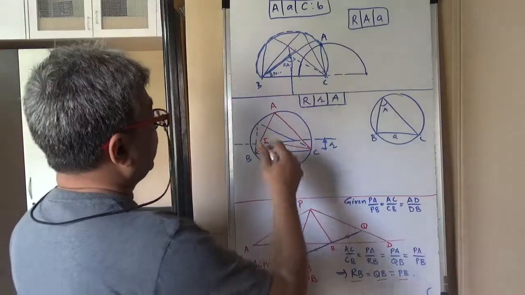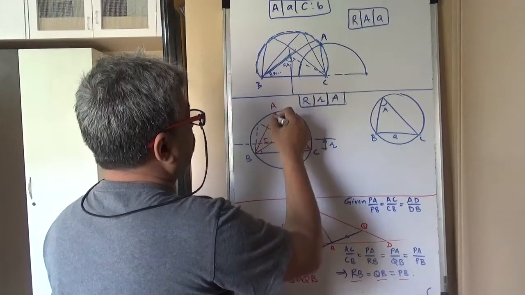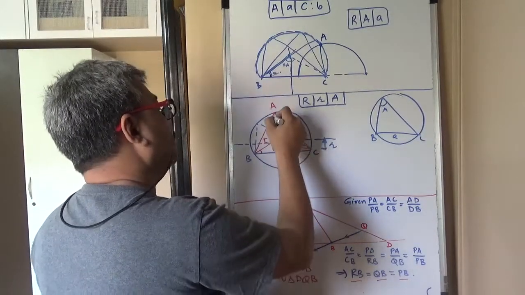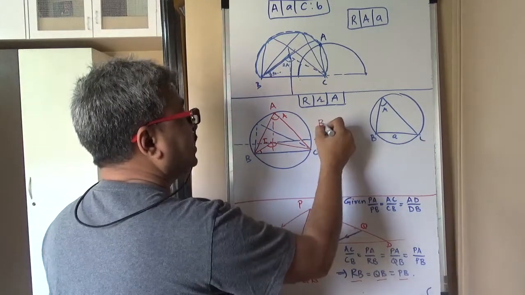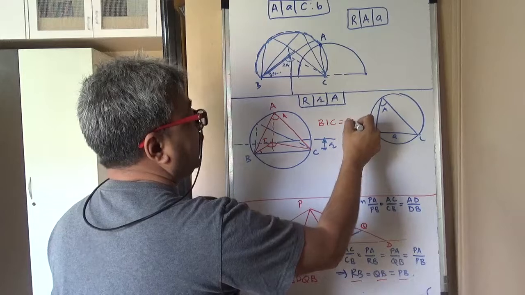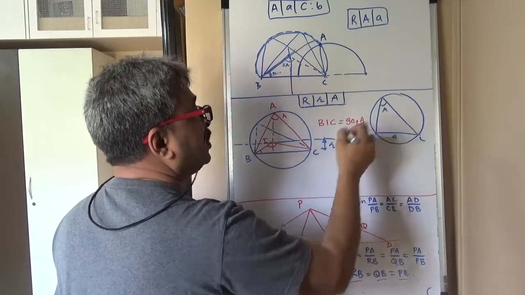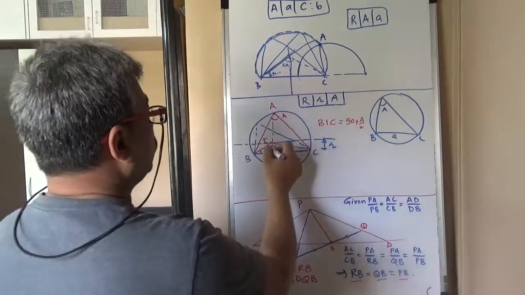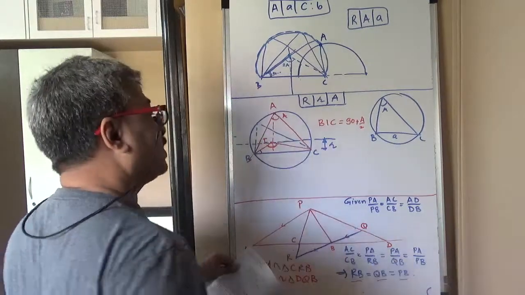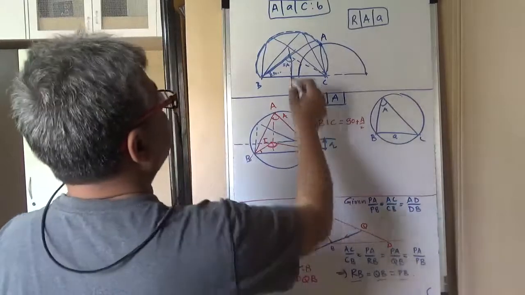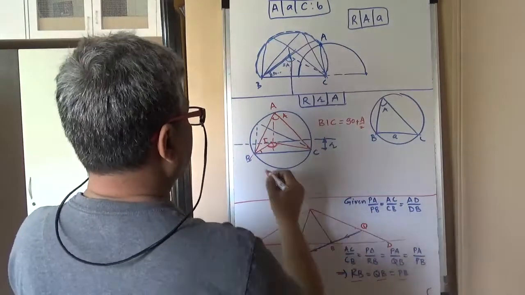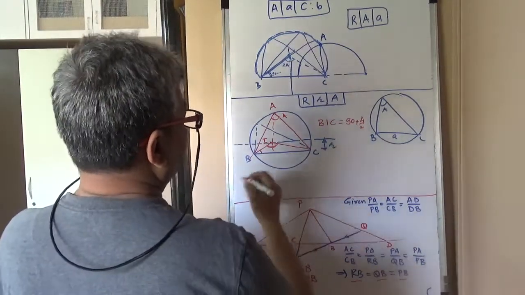Now again, here I use properties of the triangle. Now if this angle is capital A, I know the major angle BIC is going to be 90 plus A by 2. We have proved this earlier, and therefore now I know that angle BIC is again going to be 90 plus A by 2, and therefore by the similar construction I construct the angle.